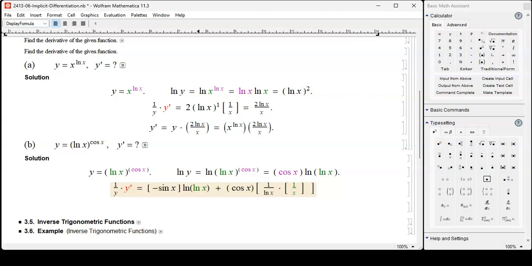Okay, we're almost there. We want to find out y prime. Okay, let's go ahead and find out y prime.